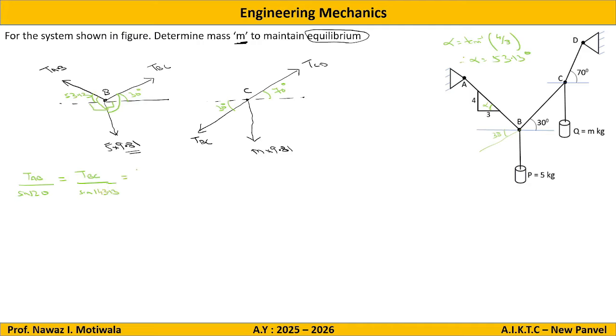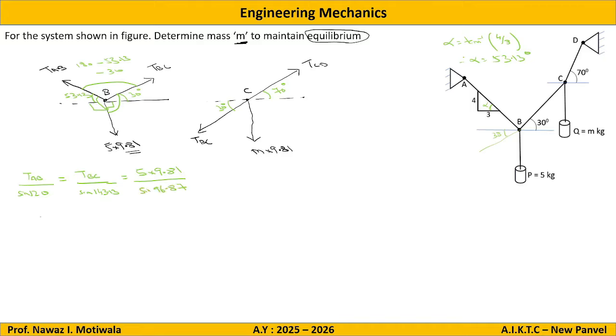And third, it will be 5 into 9.81 divided by, I will need this entire angle. So it will be 180 minus 53.13 minus 30, which I will get answer as 96.87. So it will be sine of 96.87.